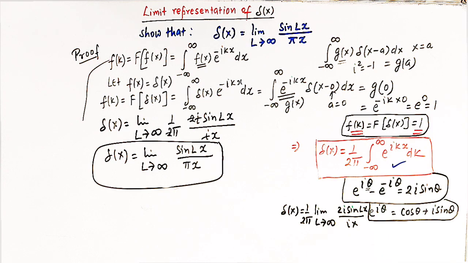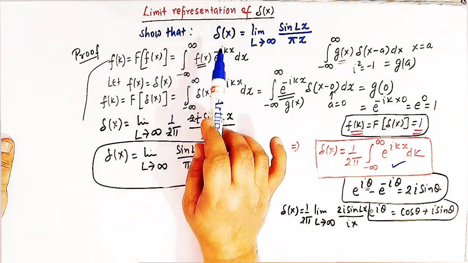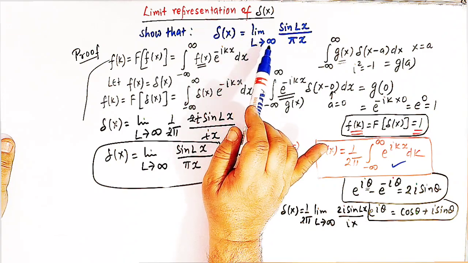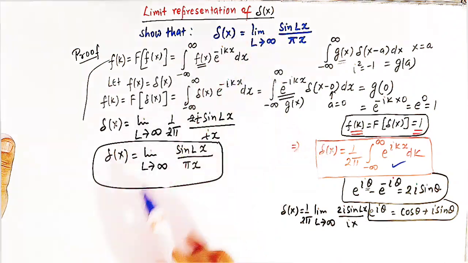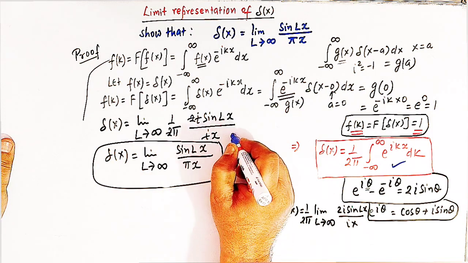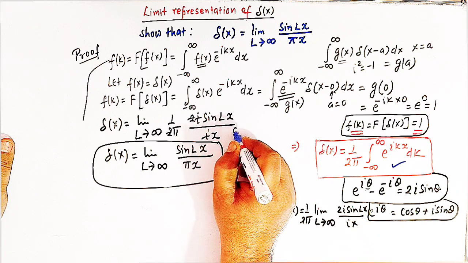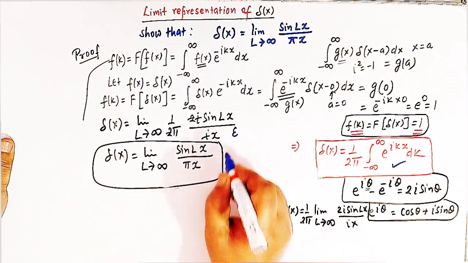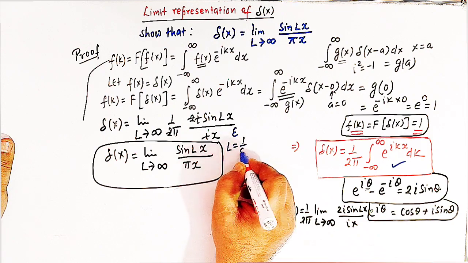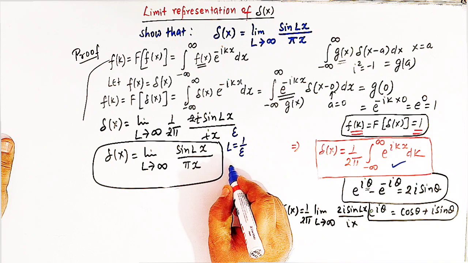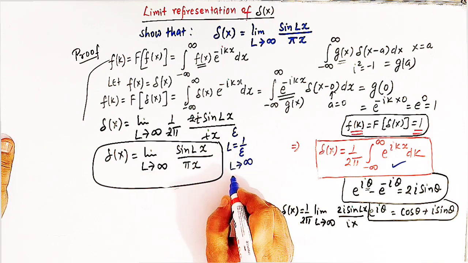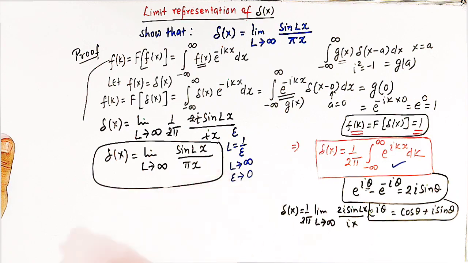So viewers, this is how we can represent the delta function in terms of the limit L tends to infinity of sine Lx over pi x, right? Here it is important to note that if we introduce a new quantity, say epsilon, such that L is equal to 1 over epsilon, then when L tends to infinity, epsilon tends to 0, right?